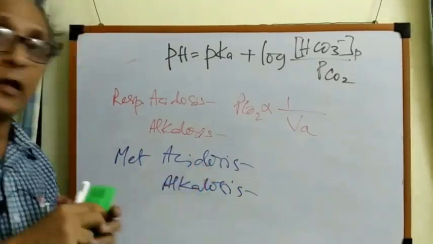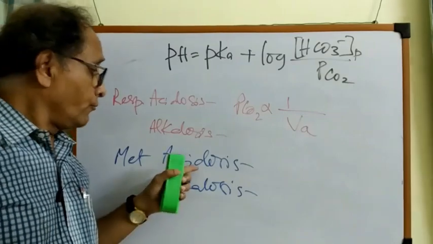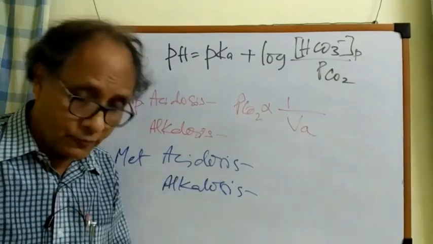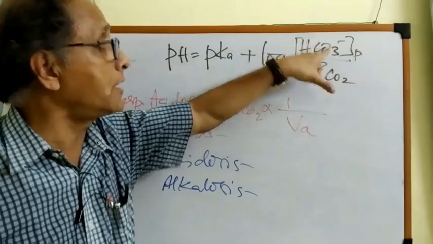So when shall we get metabolic acidosis? We shall get metabolic acidosis in that situation when the plasma bicarbonate level is reduced.